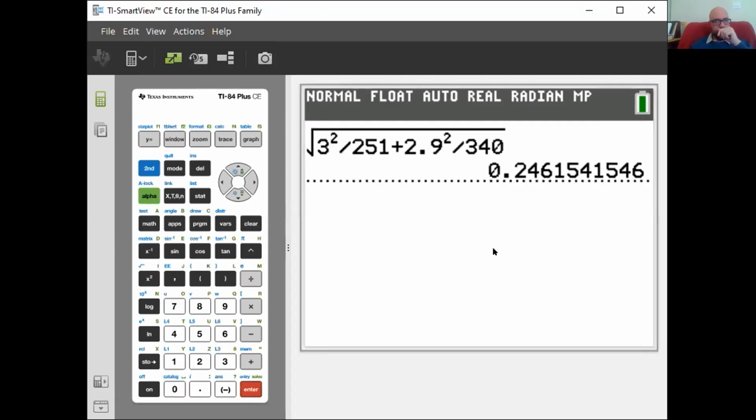So this is the standard deviation of my sampling distribution, or the standard deviation of the differences between the two sampling distributions. So 0.2462.